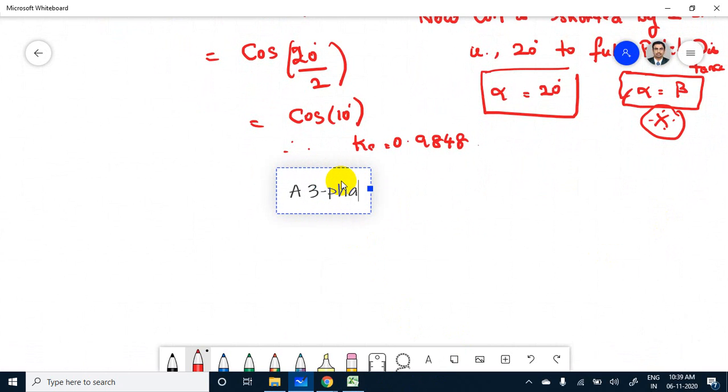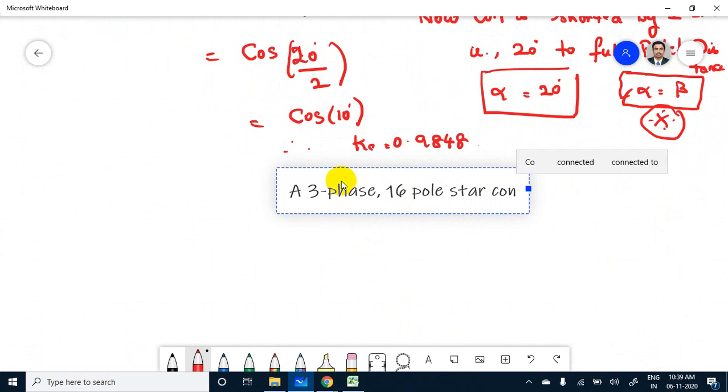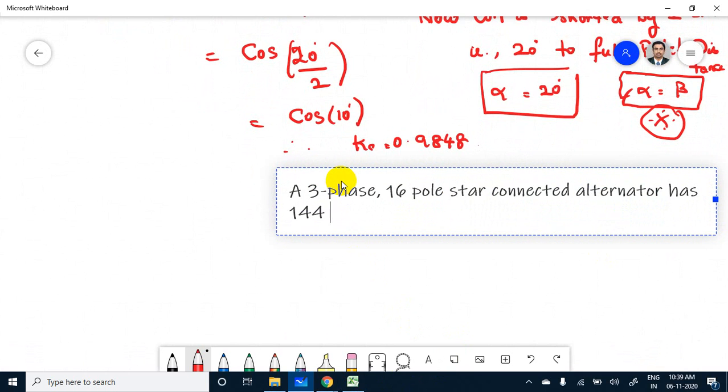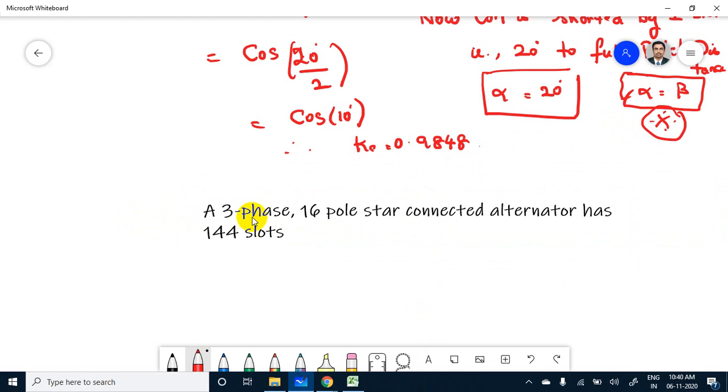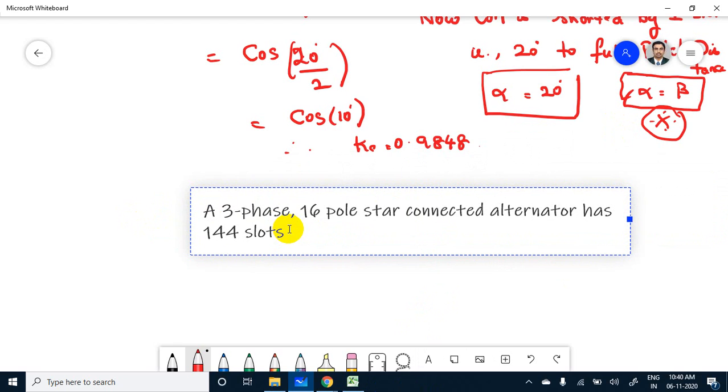A 3-phase, 16-pole, star connected alternator has 144 slots, having 10 conductors in each slot.